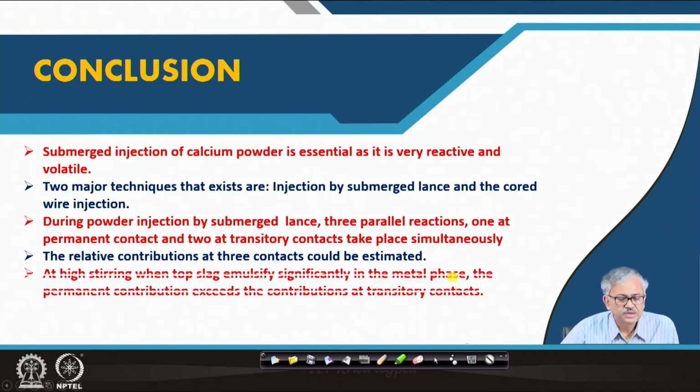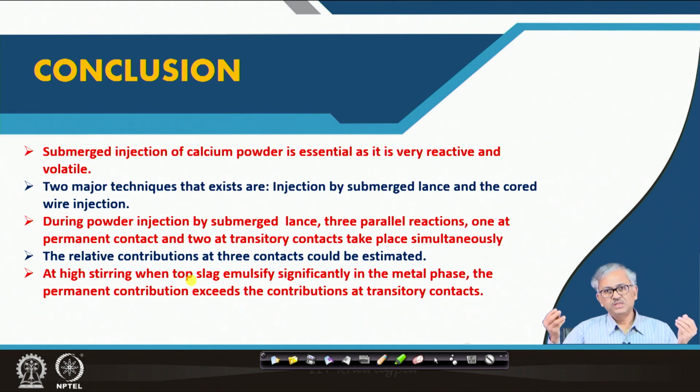Basically, at high stirring speed, with the top slag, you will see the permanent contact is usually less than the transitory contact when the stirring is very mild. When the stirring is very strong, when the liquid slag emulsifies significantly into the liquid metal, then the interfacial area at the slag metal interface also increases, and the permanent contact increases significantly.